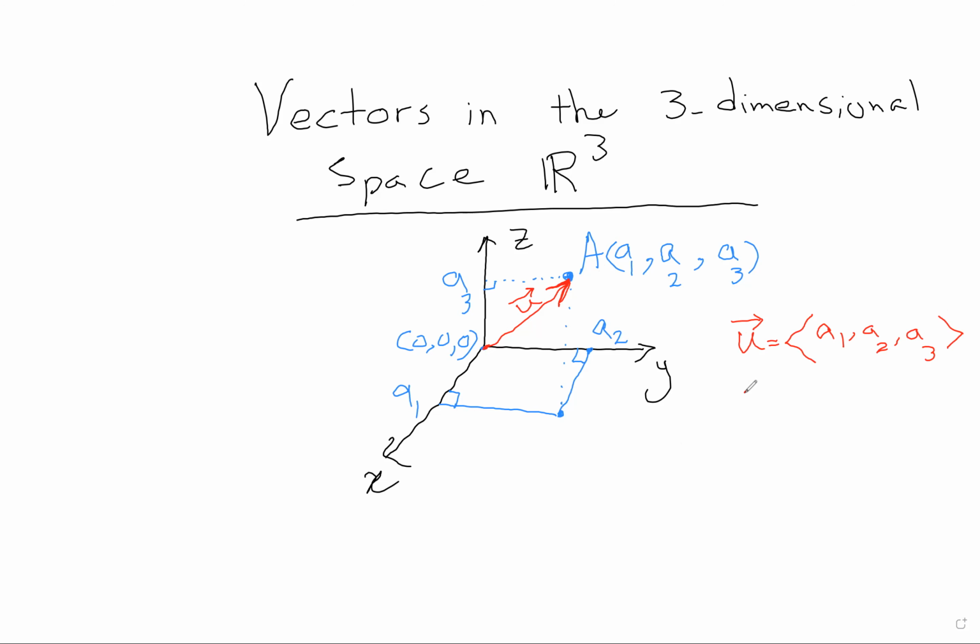But for a point A, I use parentheses: A1, A2, A3. But for the vector, we use the notation that you see. So this one is a vector in R3, and this is a point in R3.